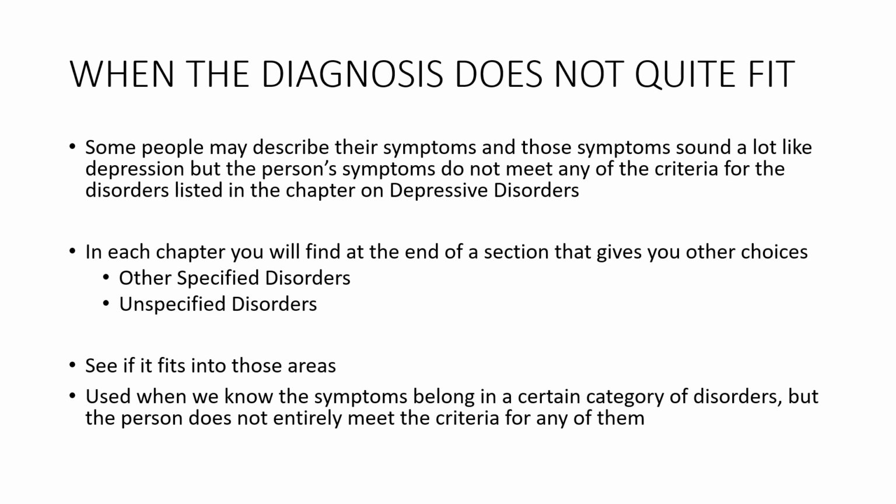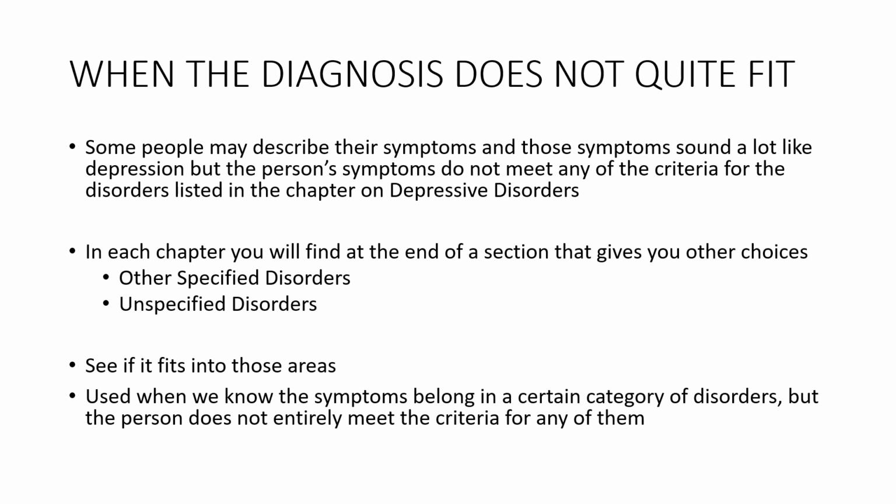When the diagnosis does not quite fit, some people may describe their symptoms, and those symptoms sound a lot like depression, but the person's symptoms do not meet any of the criteria for the disorders listed in the chapter on depressive disorders. So basically, even though they sound like they're sad, they're not actually meeting any of the qualifications for it, then it might be something else, right? So in each chapter, you will find a section at the end that gives you other choices, such as other specified disorders, or OSD, or unspecified disorders.